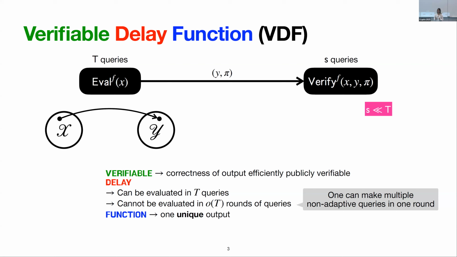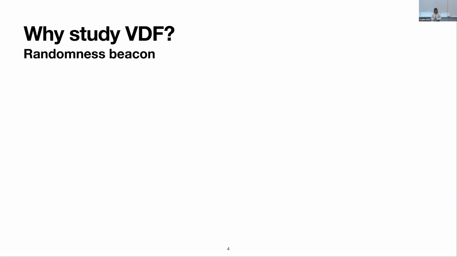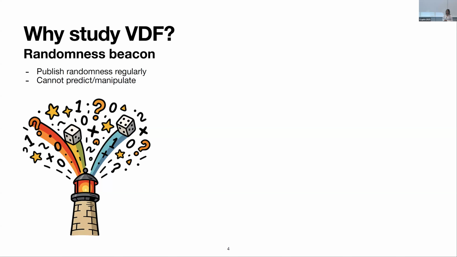So that's VDF. And since its introduction, VDF has had a lot of applications. One of the very important ones is in the construction of a randomness beacon, which is an ideal service that publishes randomness regularly. And moreover, the randomness cannot be predicted or manipulated.